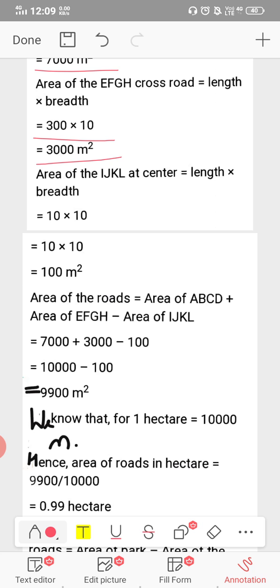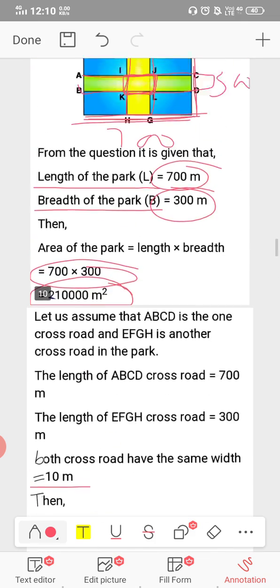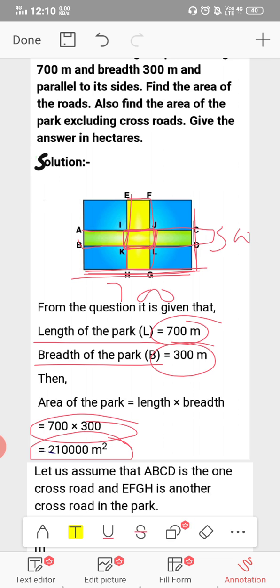So for finding the area of that particular center point IJKL, we will write length into breadth, that is 10 into 10, which will be equal to 100 meter square. Now area of the roads will be equal to area of ABCD road plus area of EFGH road minus area of that particular point, because this point IJKL is common in both ABCD and EFGH.